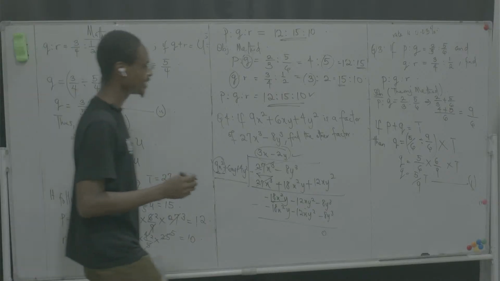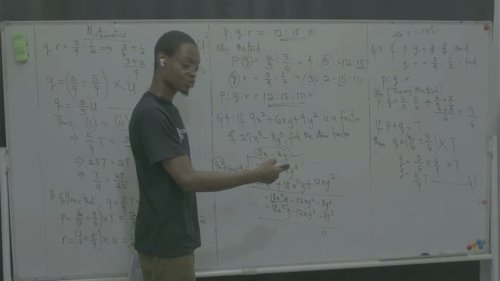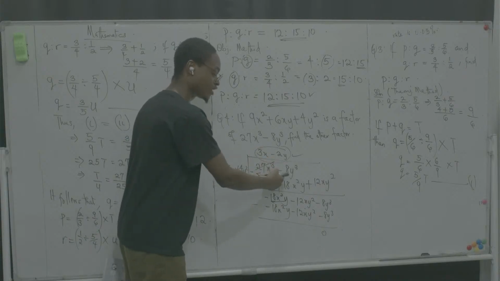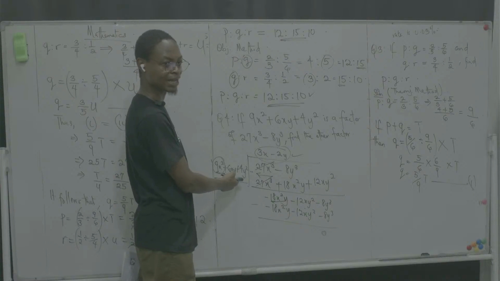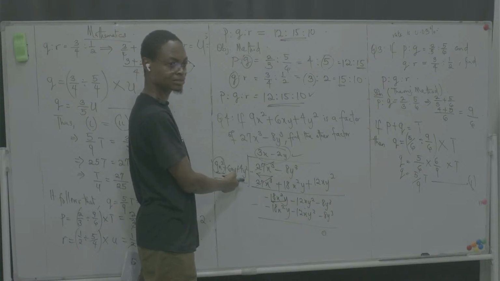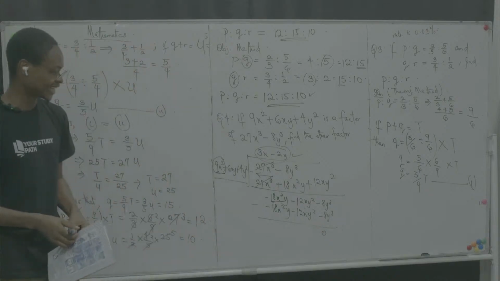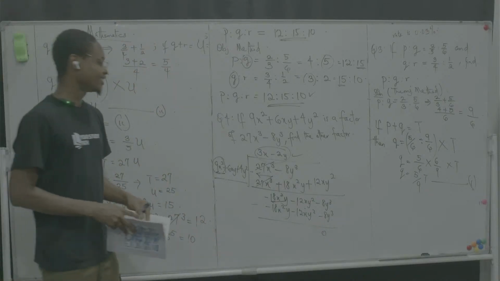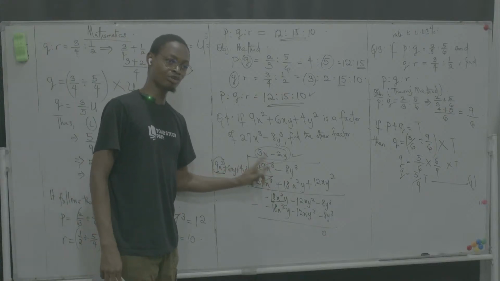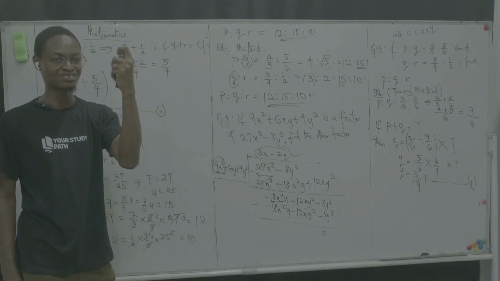Instead of using 27x cubed and 9x squared, I could use minus 8y cubed and 4y squared to divide, and I will still get the same thing. But the major thing is that whatever I'm choosing as my instrument of division, the variable inside must tally with the variable outside, and it has to be the highest form of that variable.